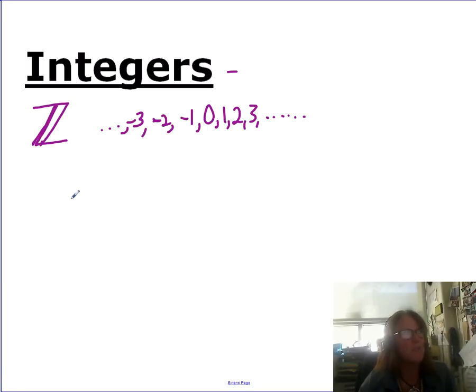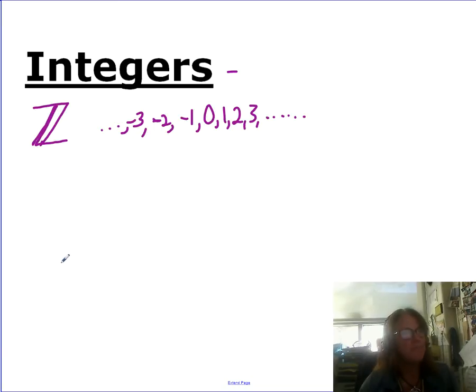Why does Z represent the integers? It comes from German, I think, the word for numbers. Something like Zahlen, I think is how you say it. Okay. Don't ask me. I didn't make the rules. This is the way it is. Okay. So natural numbers, N, whole numbers W, integers Z, and they all have that extra line in that downstroke, okay?